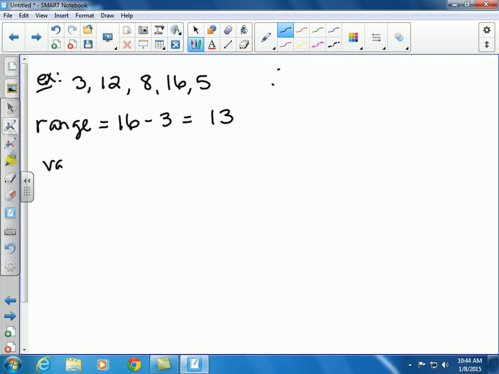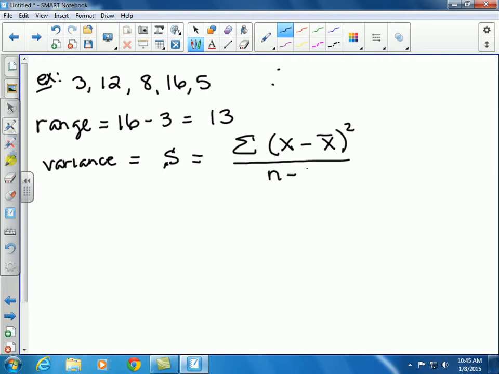The variance is defined to be, by symbol S, and I put those little tails so I never think it's a 5, S squared is the sum, and this is where that summation notation gets a little funky, of x minus x bar, squared, over n minus 1.